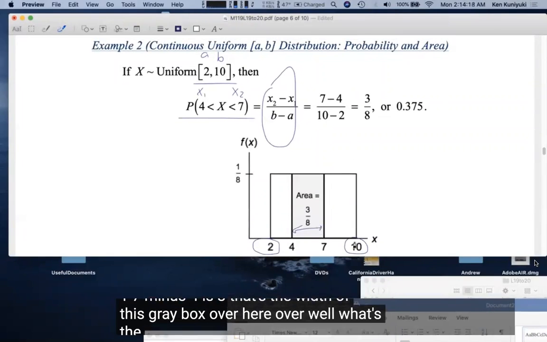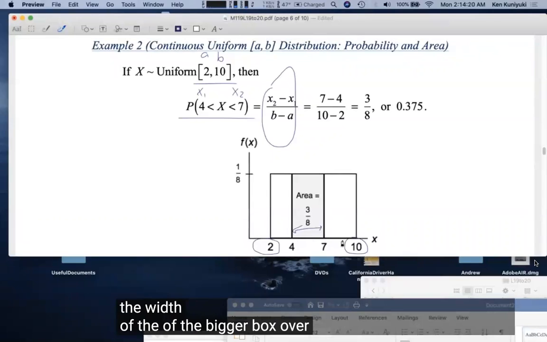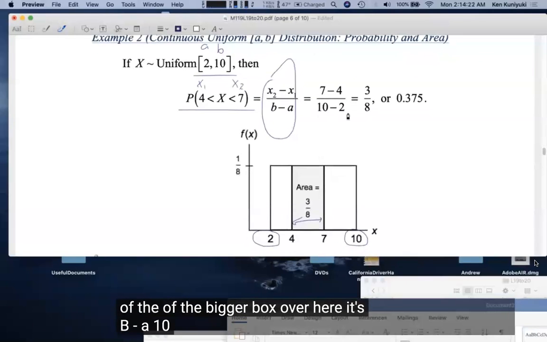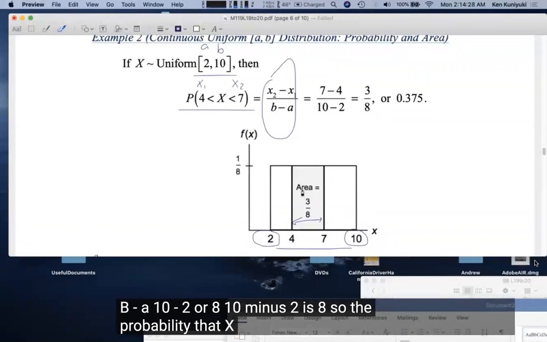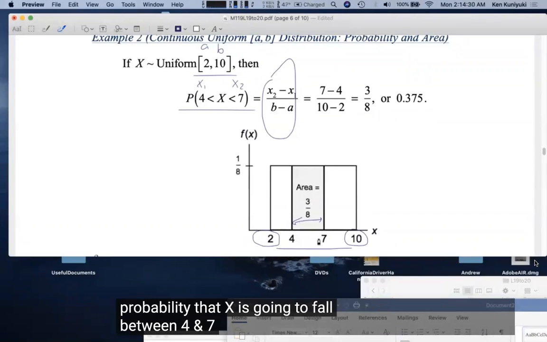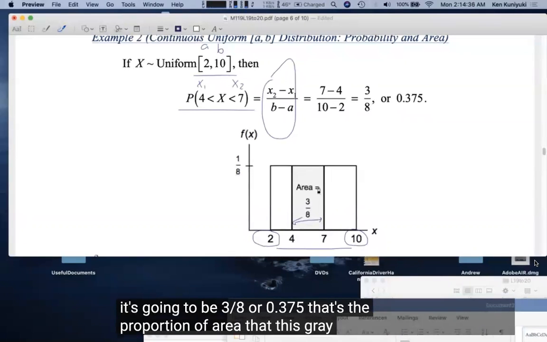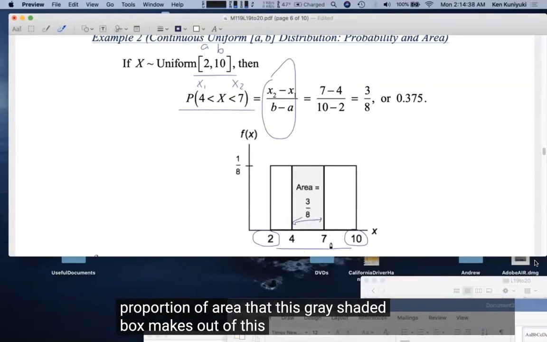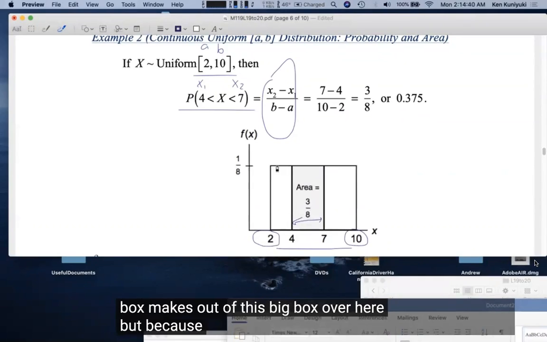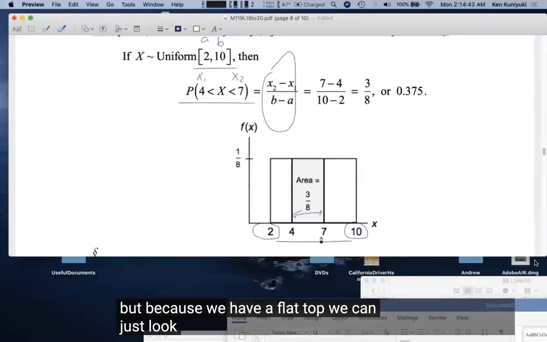Over, well, what's the width of the bigger box over here? It's b minus a. 10 minus 2, or 8. So the probability that x is going to fall between 4 and 7 is going to be 3/8, or 0.375. That's the proportion of area that this gray shaded box makes out of this big box over here. But because we have a flat top, we can just look at the numbers down here.